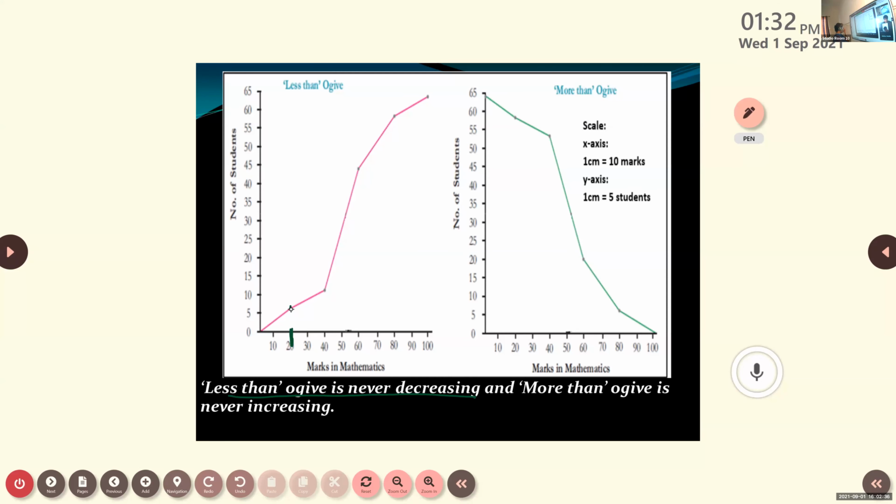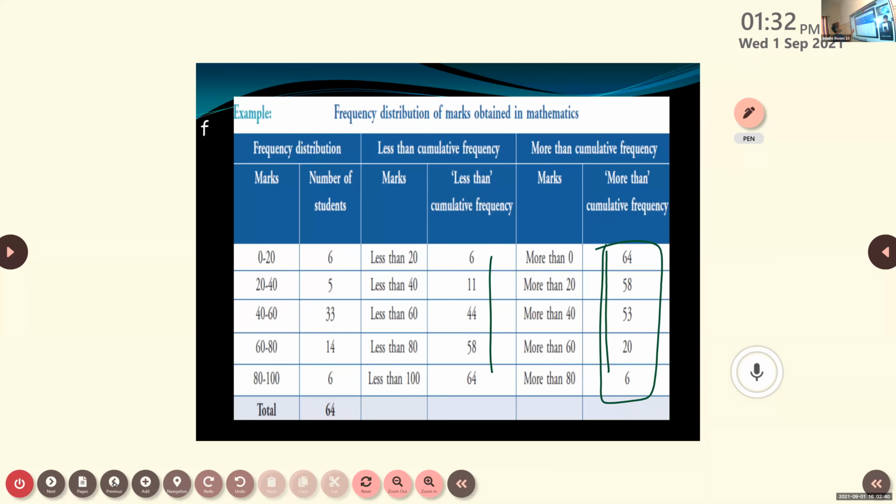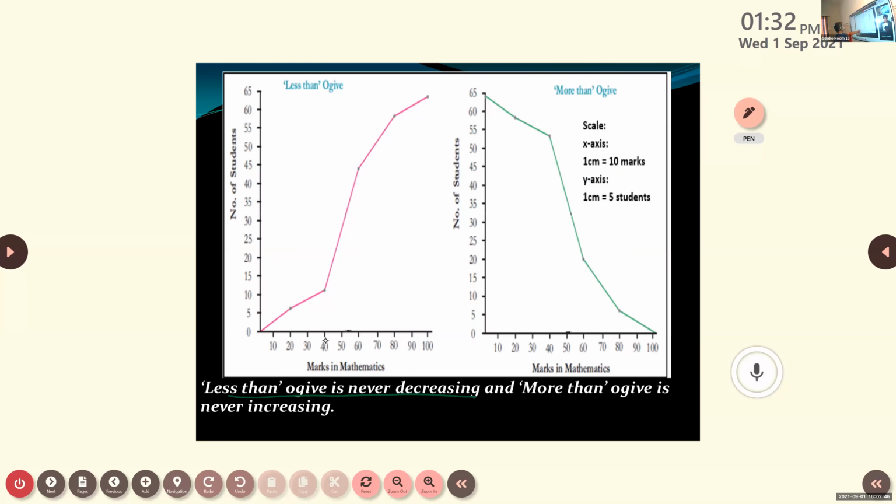Then for less than 40, it is 11. It is marked. Here, the second one is marked. Like that, we have plotted the points here. Then join everything with a straight line, and you will get the less than ogive.